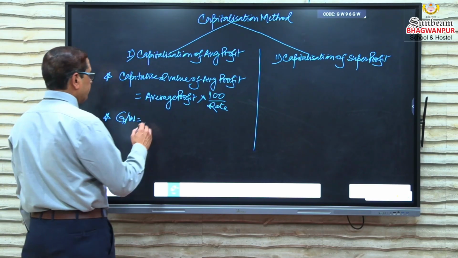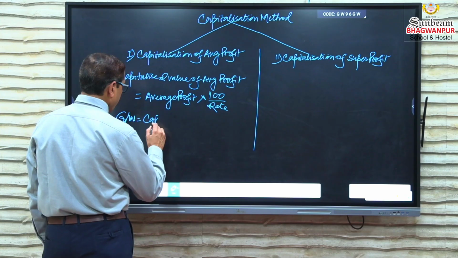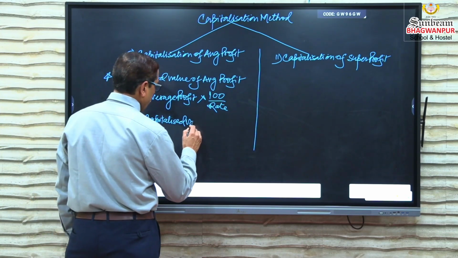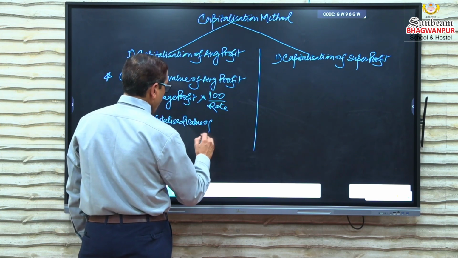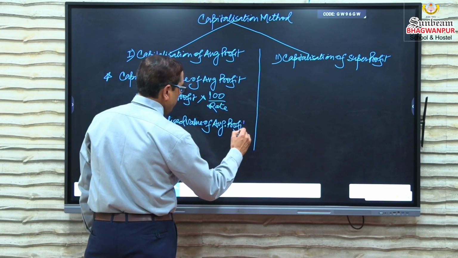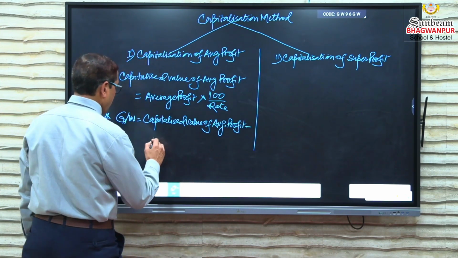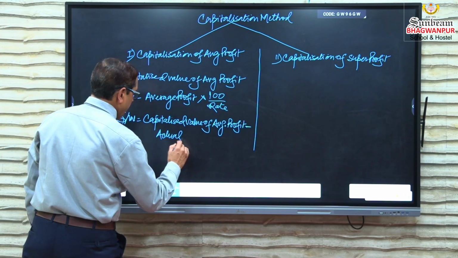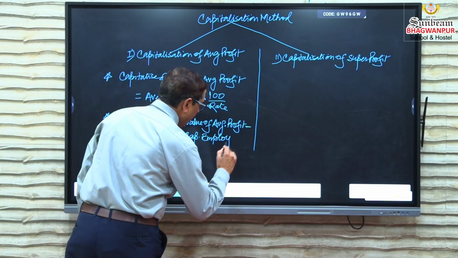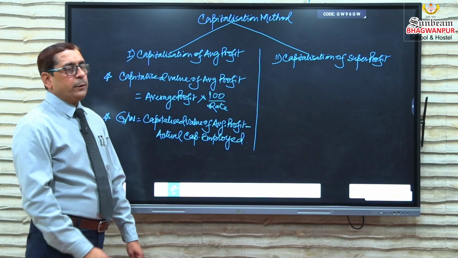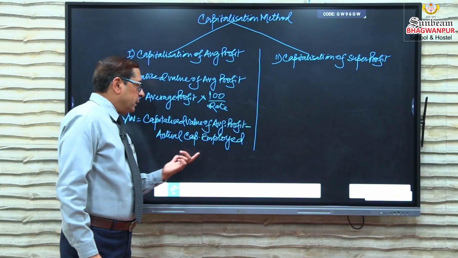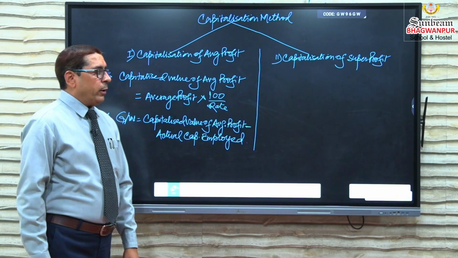Now second, find out the goodwill. Goodwill is equal to capitalized value of average profit minus actual capital employed.